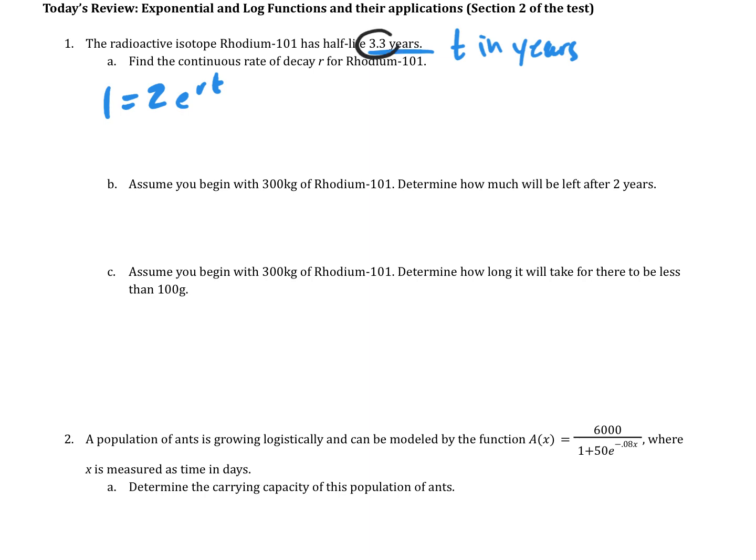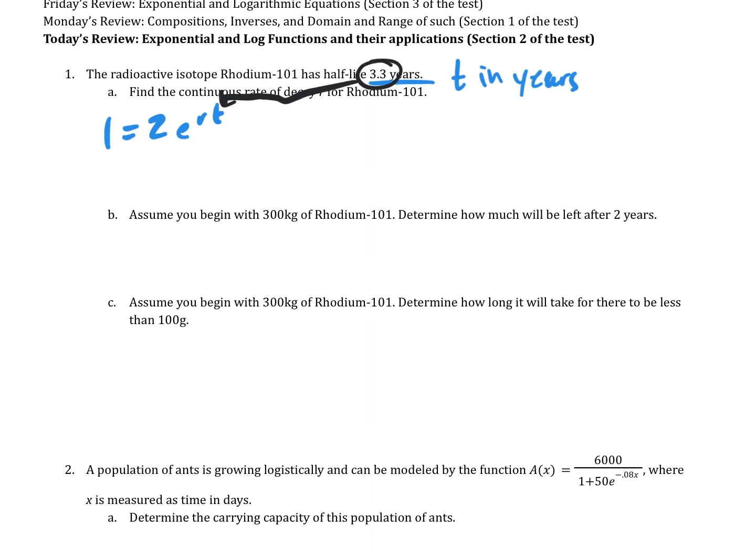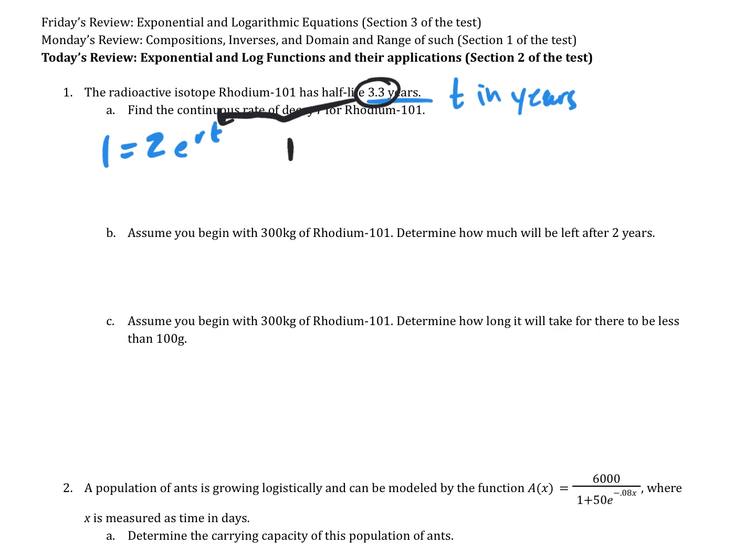So we're going to take that 3.3 and put that in for t right here. I'll divide both sides by 2 here. I get 1/2 equals e to the r times 3.3.